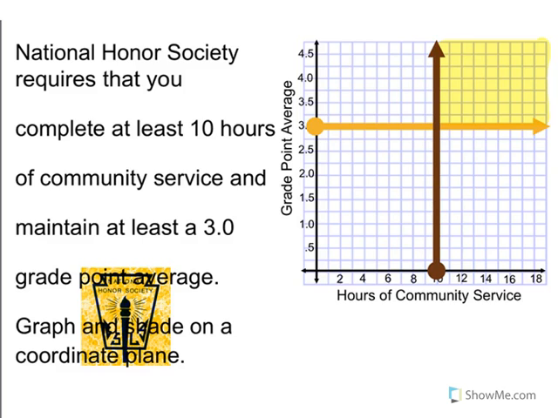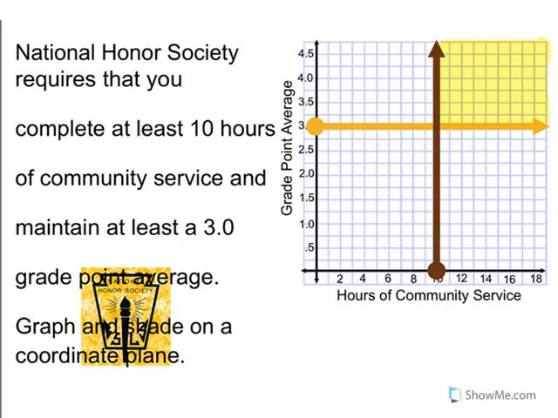We use linear inequalities in everyday life when we're looking at qualifications, such as National Honor Society, which requires you to complete at least 10 hours of community service and maintain a 3.0 grade average in order to be in the organization.